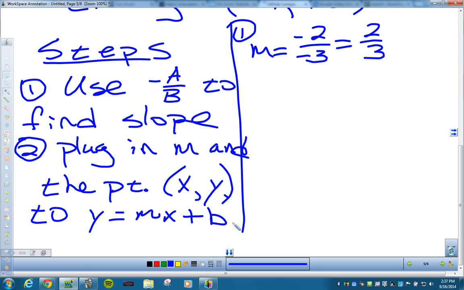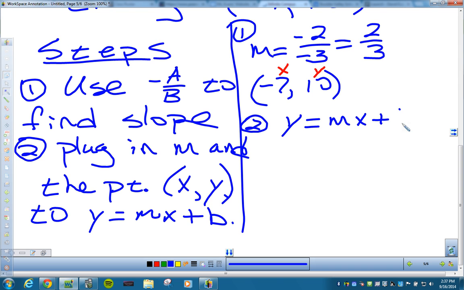What's the point we had? -7 comma 10, right? Which one's the x? -7 is the x, 10 is the y. Teachers don't teach this way, I don't know why, it's easier. So I like to write the equation first when I plug stuff in. I just make sure by doing that I get everything in the right spot.